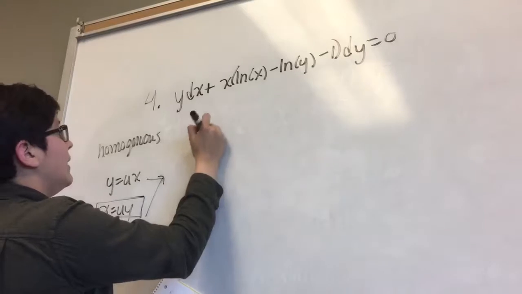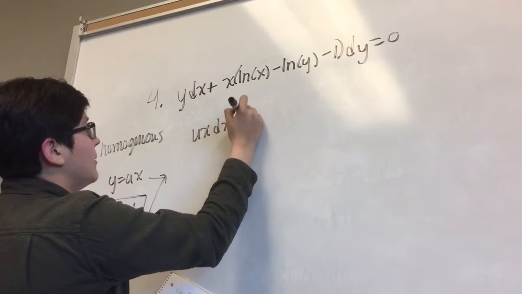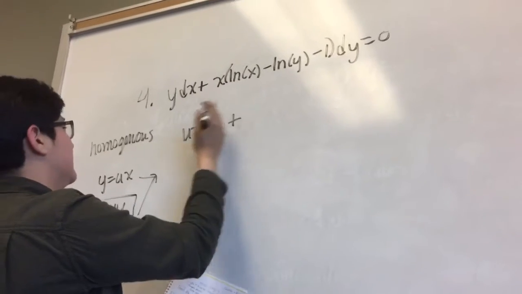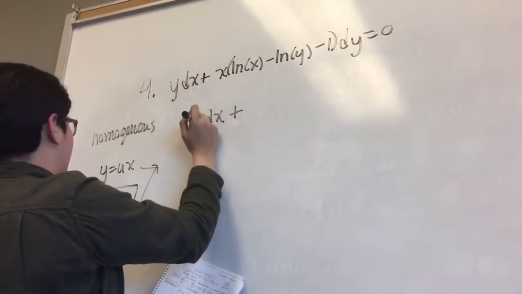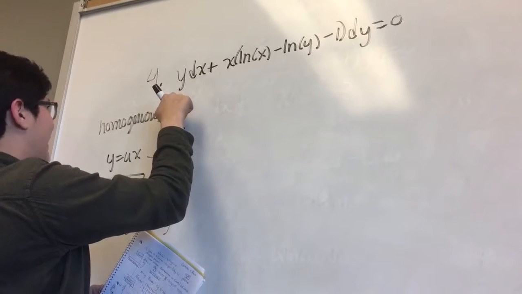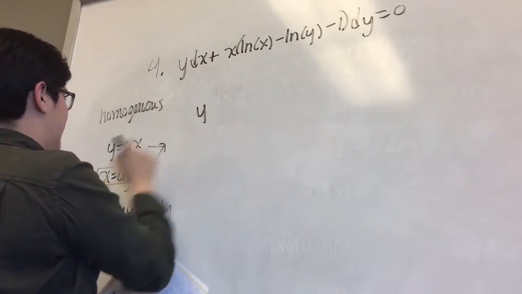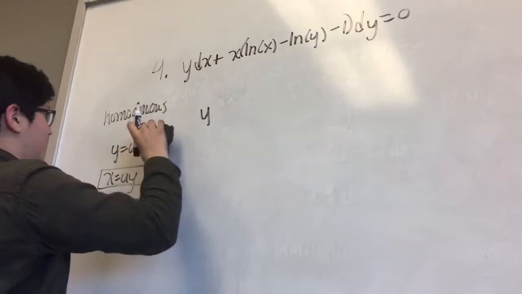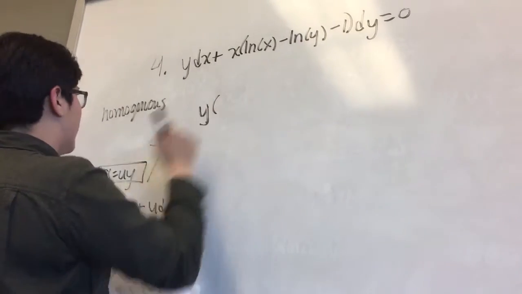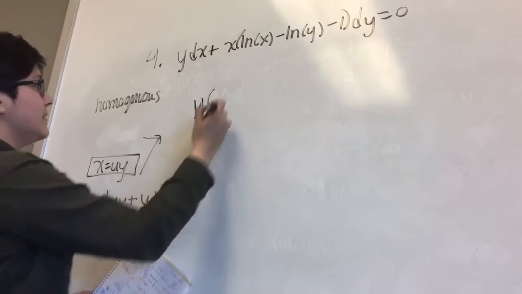So, u y dx plus... Okay. So this is y. So y stays y because we're using this one. In fact, I'm just going to erase this one. y. And then we have our equation for dx.